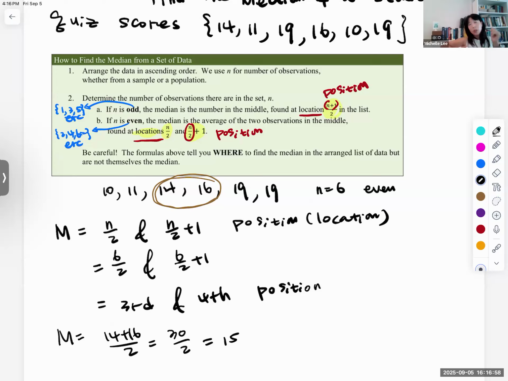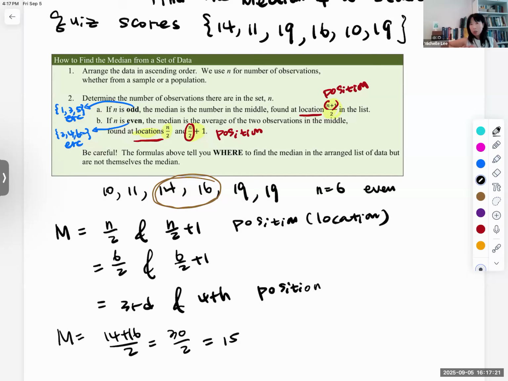In the measure of center, we learned both mean and median, right? Median is good if there is a lot of lower data or a lot of higher data in the set. That is good for median.